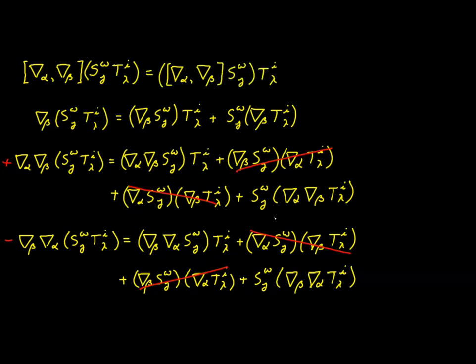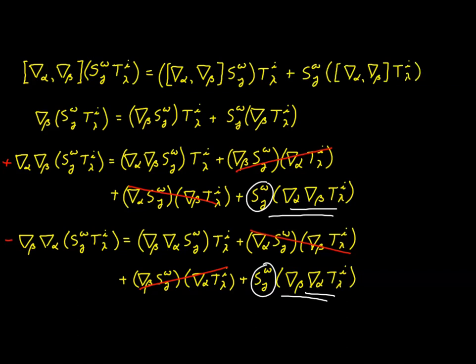Likewise, if we look at these 2 terms, we see that there's a common factor of s omega j, and this term minus this one gives us the commutator operation applied to t i lambda. So in the end, it's very clear that our commutator operator here does in fact obey the product rule.